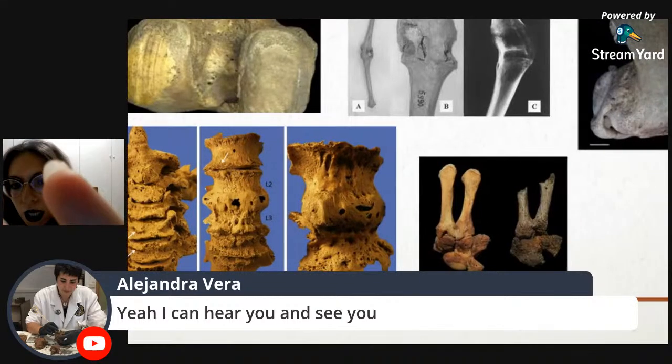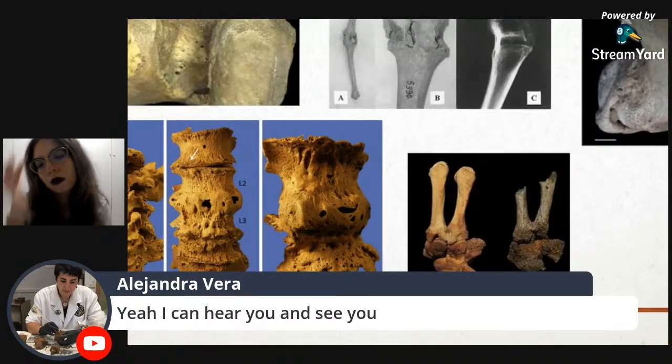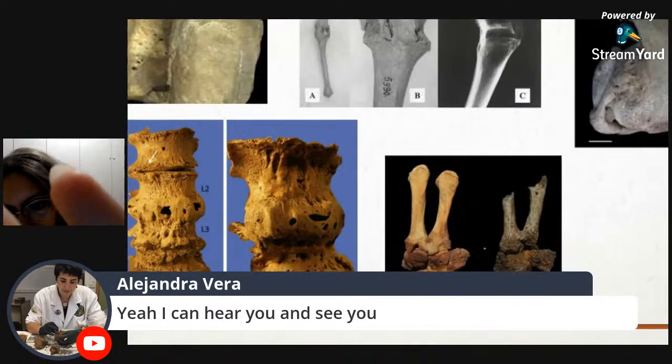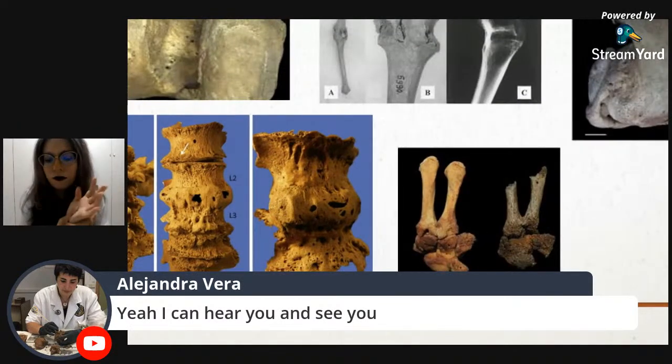We can see the bones of the part of the hand and the wrist fused together, that part.